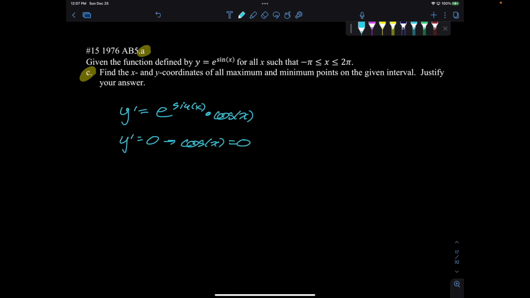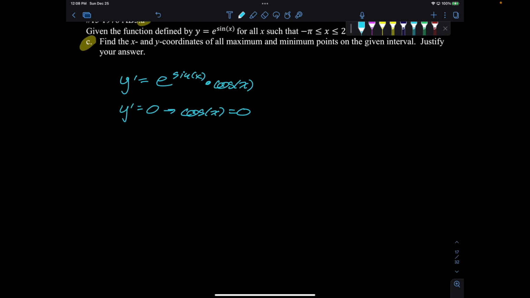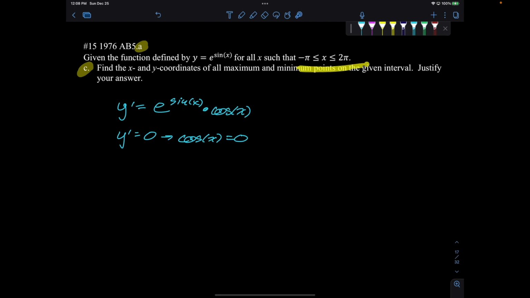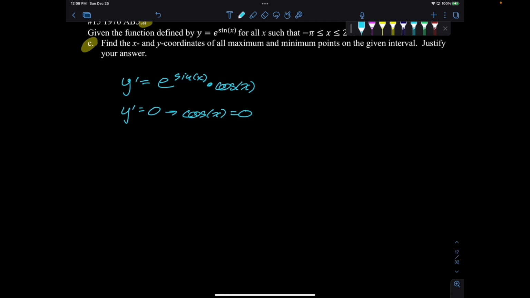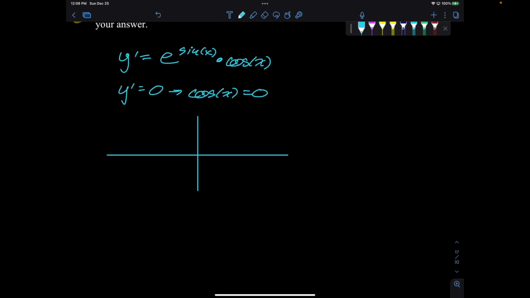Now think about cosine, or graph cosine, which is actually what I'm going to do, on the interval from negative pi to 2 pi. That's probably a smart move. I'm actually going to graph it from negative 2 pi to 2 pi because that's how I usually graph cosine.